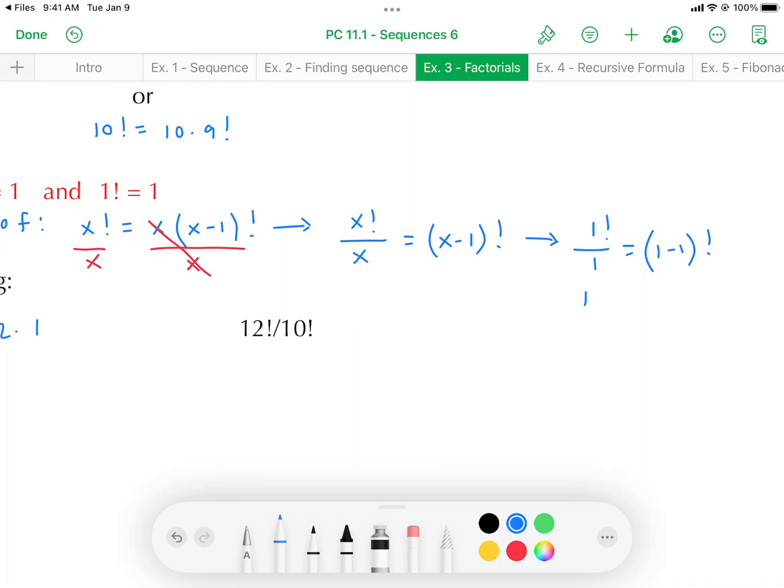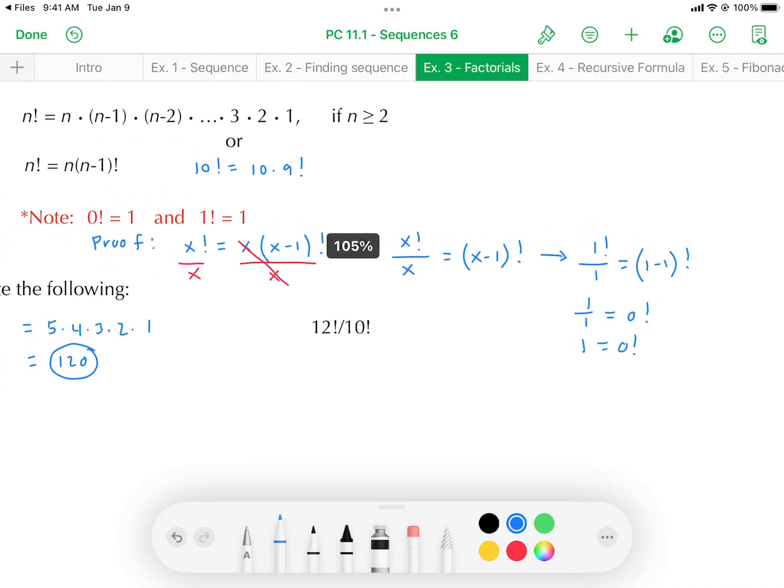Well, 1 factorial is 1. There's only one way to arrange one element, divided by 1. So therefore, 0 factorial equals 1. There's your proof. Okay.